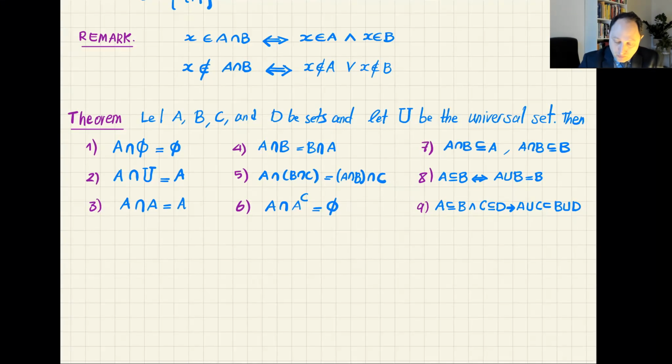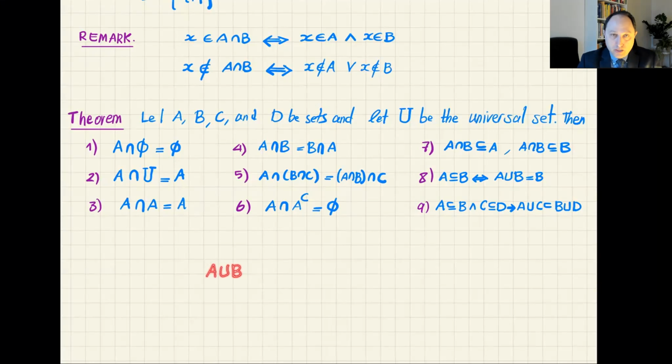Here, let me just review this. If I ask you what is A union B, you cannot answer my question unless I give you the sets A and B explicitly with their elements. If I do not say so, if I just ask, write what is A union B, the only thing that you can write is just A union B itself. You cannot do anything.